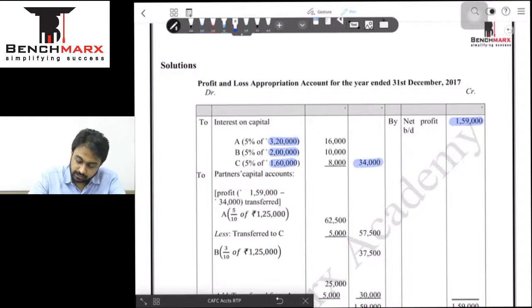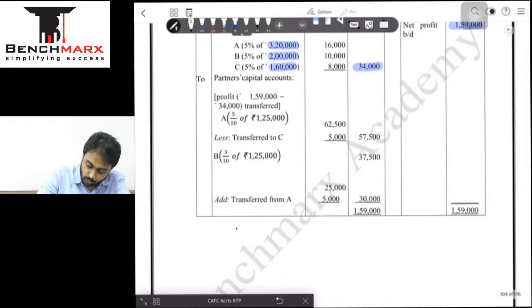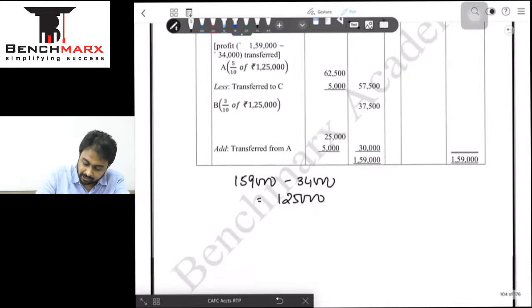This will give me total interest on capital. From 159,000, I'll subtract 34,000. So 159,000 minus 34,000 appears to be 1,25,000, and this will be split in the ratio of 5:3:2.